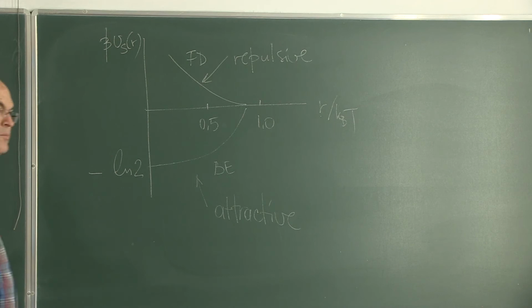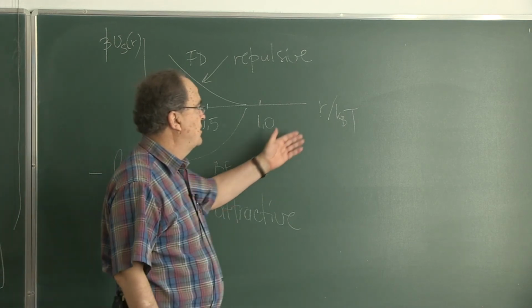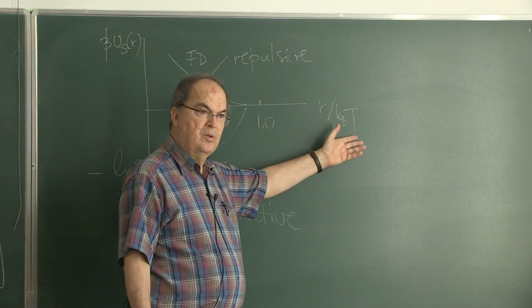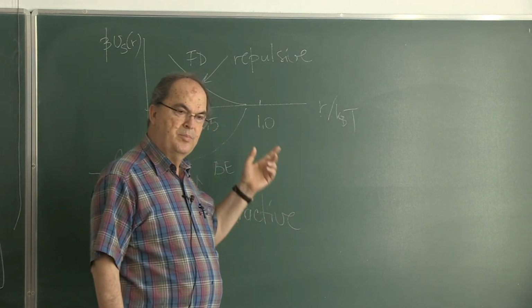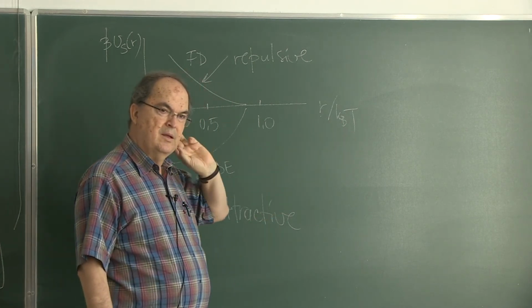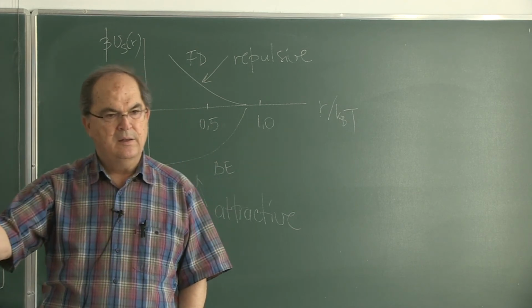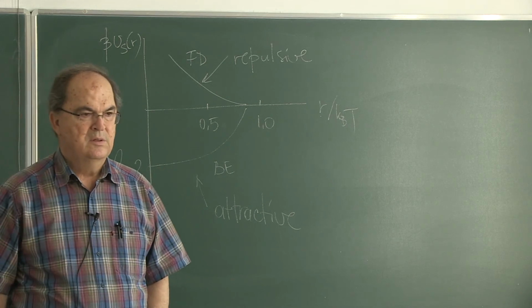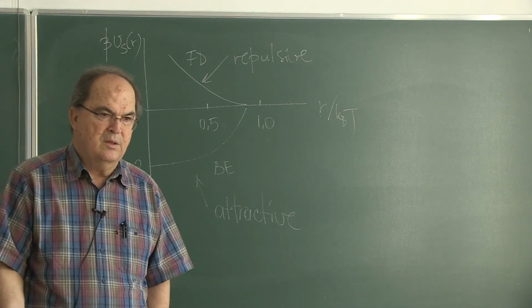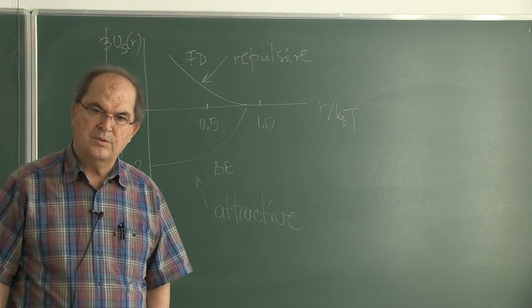When R becomes large or temperature becomes high, this difference disappears between fermions and bosons.